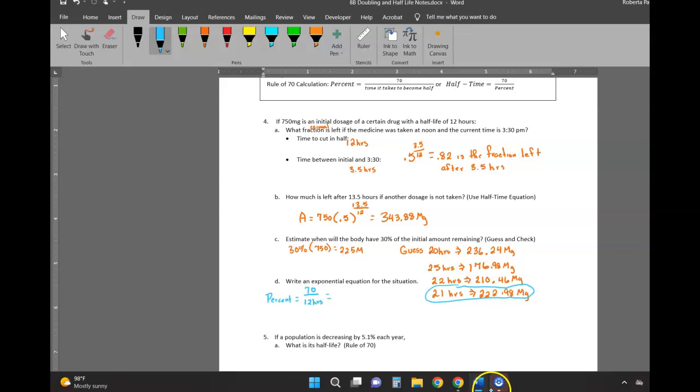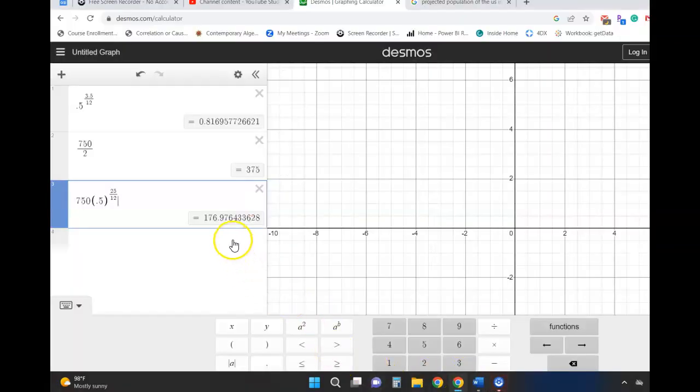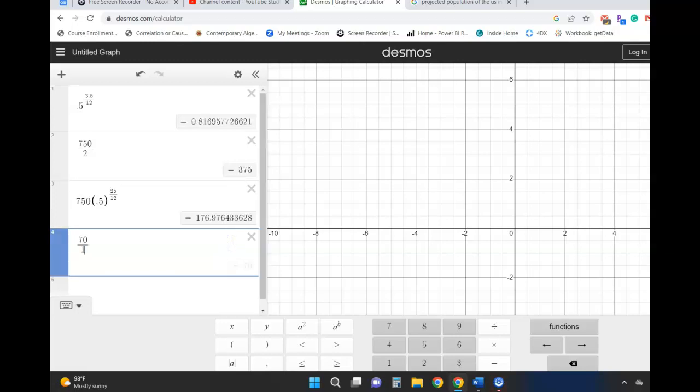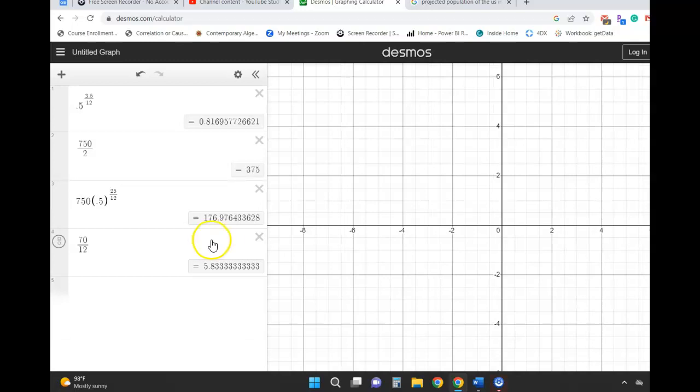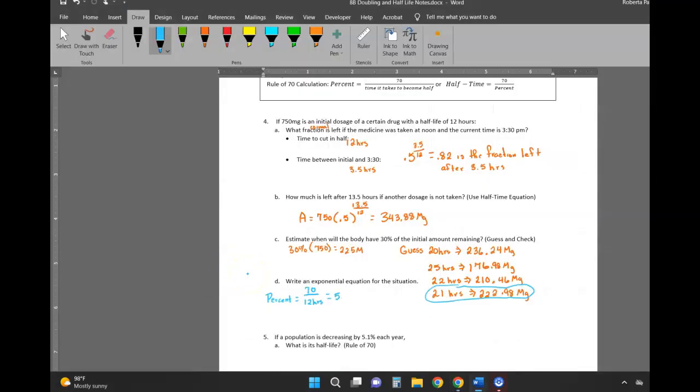So 70 divided by 12 gives us 5.8%. We don't change this from a decimal to a percent, we just use it as is. So our equation would be the amount equals our initial amount, 750 milligrams, times 1 minus, because we're decreasing, 0.058 raised to the h, to give us the number of hours.